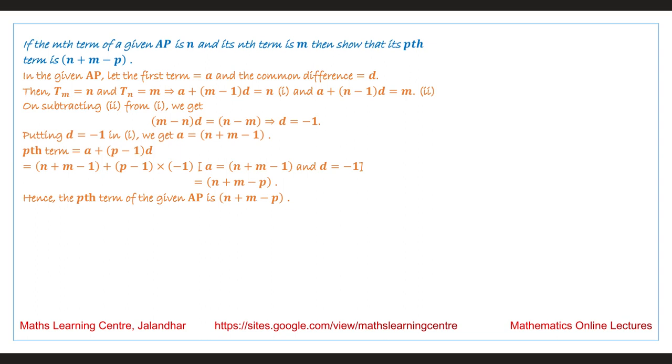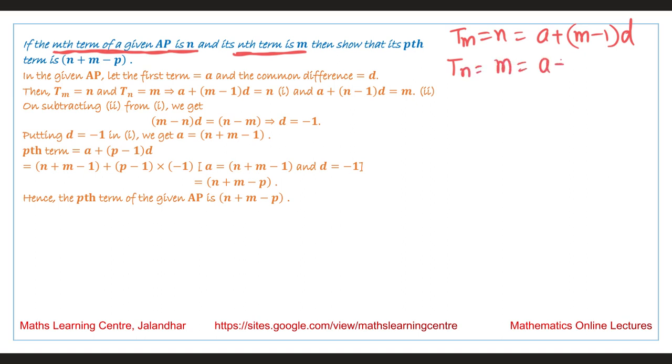Next is, if the mth term of an AP is n and the nth term is m. It is given that Tm is equal to n, that is a plus (m minus 1)d, and Tn is equal to m, that is a plus (n minus 1)d.